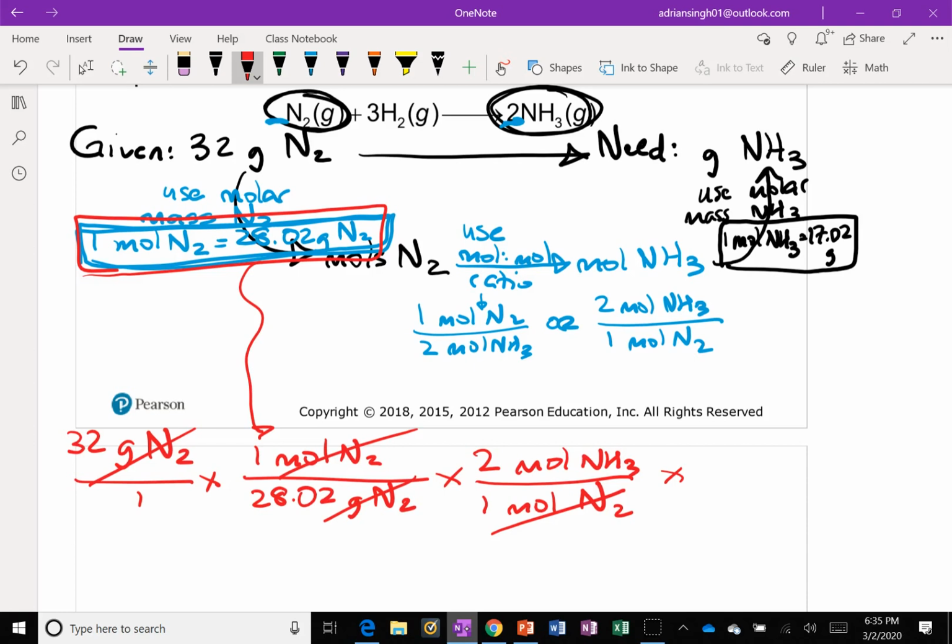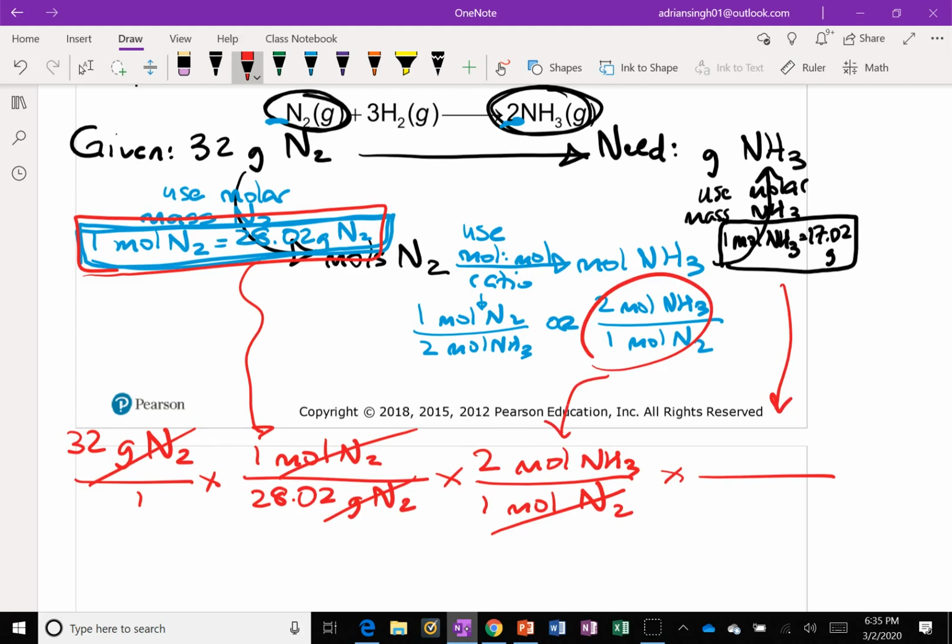Our last step would be to go from the moles of ammonia, NH3, to grams of ammonia using the molar mass of ammonia, right? That again is something that we've seen already. We're going to take that now and stick it in here, right?